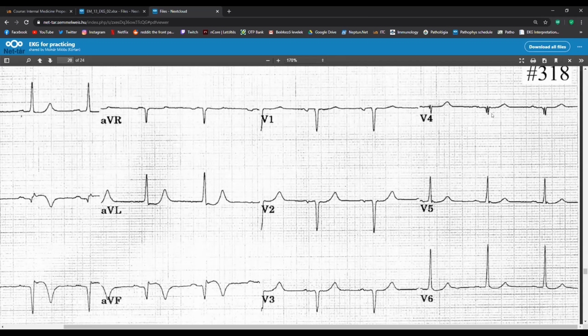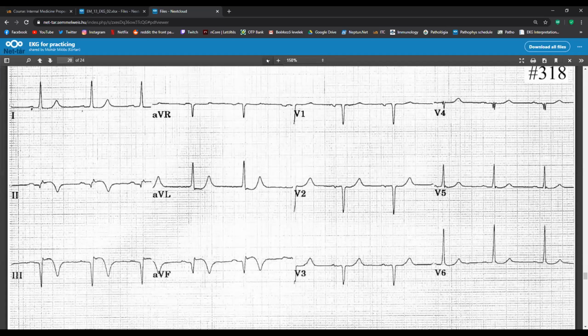Because there is no other ST elevation or T inversion in V2, V3, and V4, you can say that's an old anterior MI. So this patient had an old anterior MI, and now has an acute inferior MI. Okay. Good.